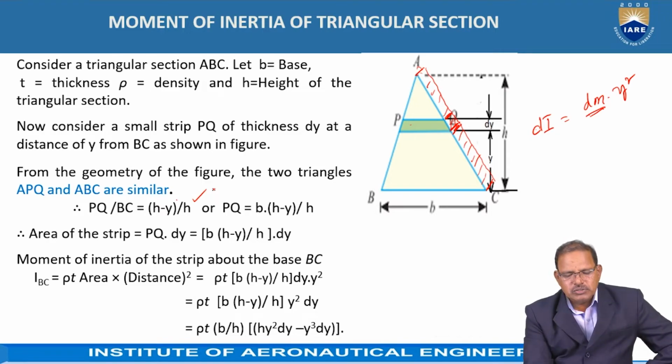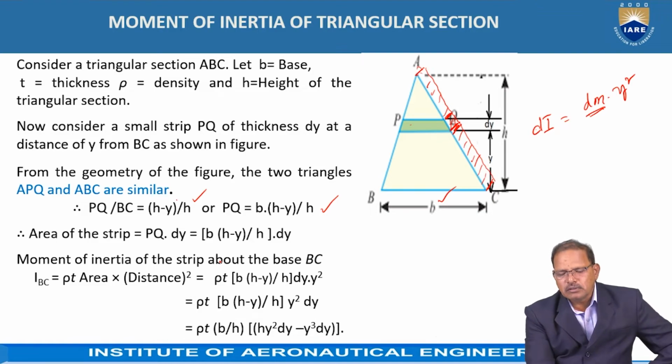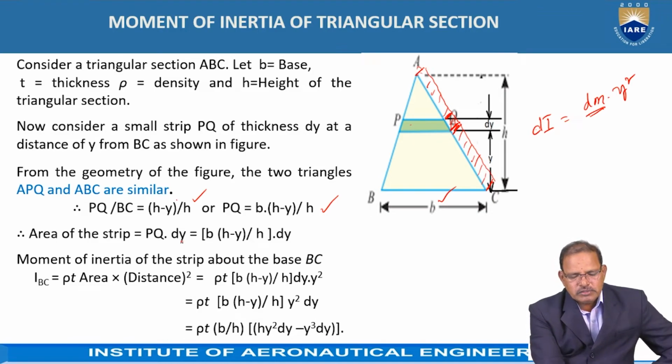That means PQ is equal to, BC is already assumed to be the breadth of the base b, hence b into (h minus y) divided by h. From this relation, the area of the strip is equal to PQ into dy, which is equal to b into (h minus y) by h into dy.